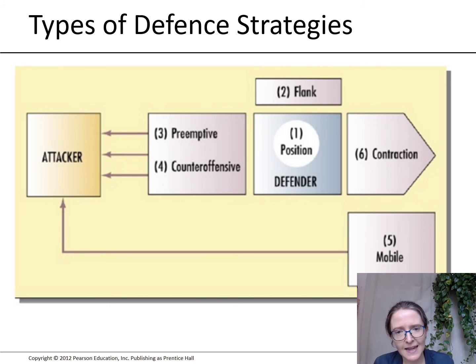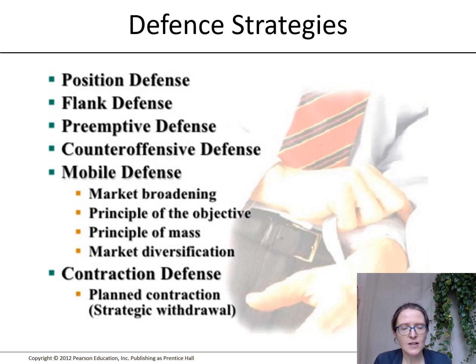So as we can see here, as the defender, if we're going to have an attacker coming in, we can defend in various ways, which I'll describe here. So we have what we call position defense, flank defense, preemptive defense, so being on the front foot rather than the back foot, or counter-offensive defense when they've already attacked and then we defend in return.